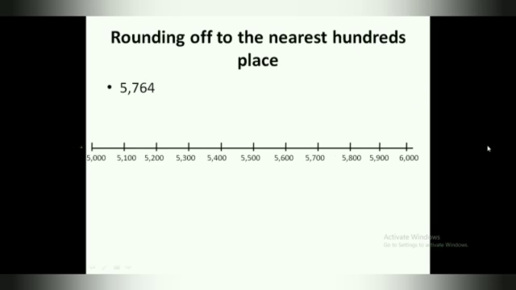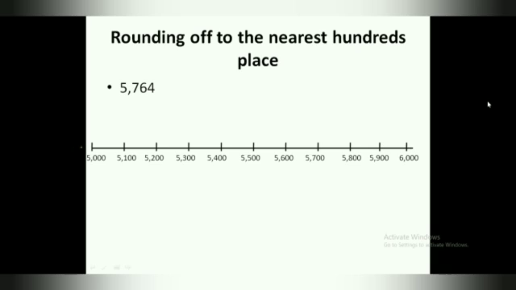Now we'll move on to estimating the number to the nearest hundreds place. Now here the number is 5764. So 5000 will be the common number on your number scale. Hundreds, you will start with the lowest number, that is 5100.